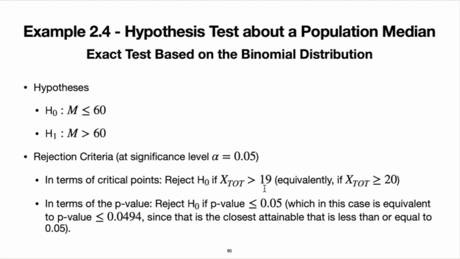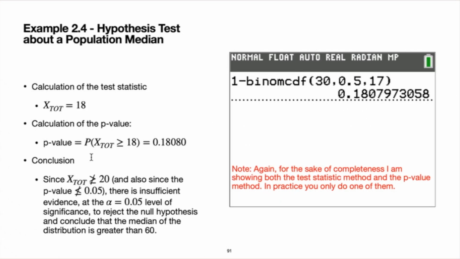Well, we can state it two ways: if x tot is strictly greater than 19, or if x tot is greater than or equal to 20. Since that's not the case, since x tot, which is 18, is not greater than or equal to 20, and also since the p-value is not less than or equal to 0.05, there is insufficient evidence at the 0.05 level of significance to reject the null hypothesis and conclude that the median of the distribution is greater than 60.